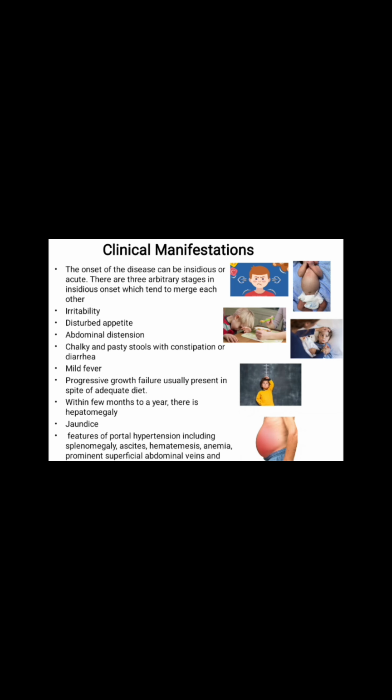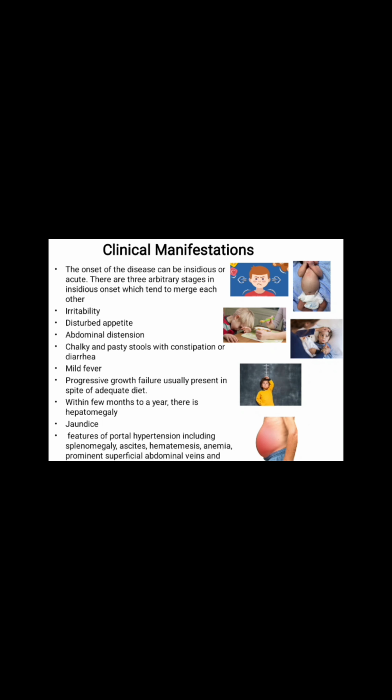Clinical manifestations. The onset of disease can be insidious or acute. There are 3 arbitrary stages in insidious onset which tend to merge into each other: irritability, disturbed appetite, abdominal distension, chalky and pasty stools with constipation or diarrhea. Mild fever and progressive growth failure are usually present in spite of adequate diet.